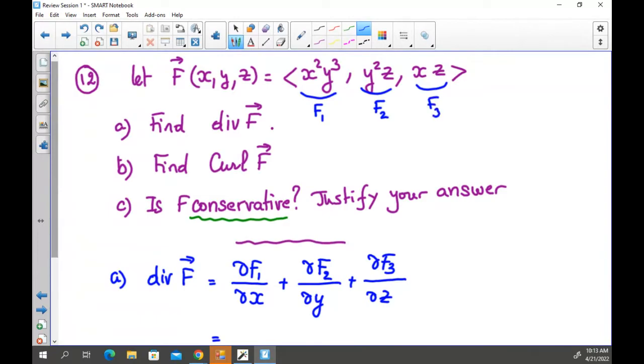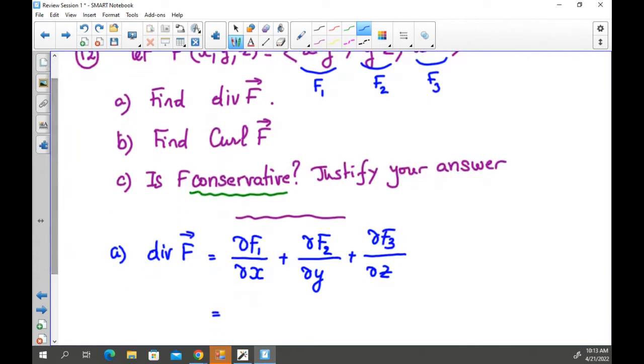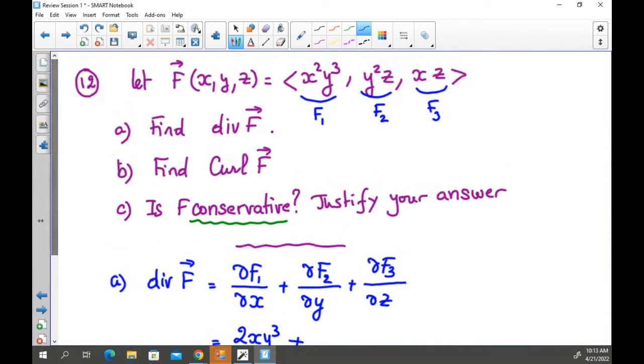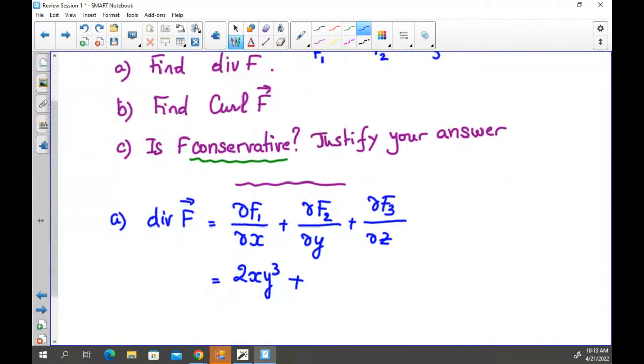So what is dF1 over dx? 2x y cubed. Okay, good. Plus dF2 over dy is 2yz. Good.